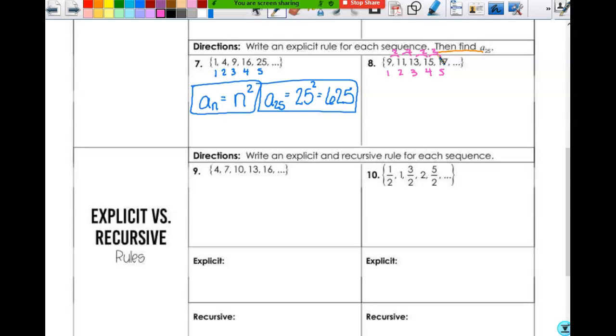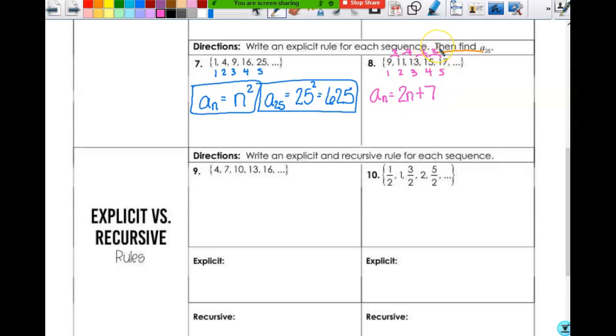So if I think about it that way, what would I be doing here? If I double this one, so 2 times 1 is 2, then I add what? 7 to get to 9. If I multiply this by 2, I get 4, then I add 7. Double this and add 7, and so forth and so on, right? So your a sub n is going to be 2 times n plus 7.